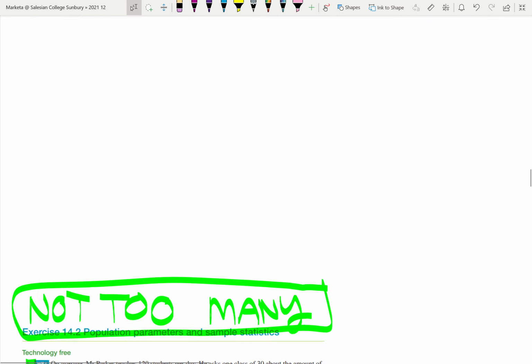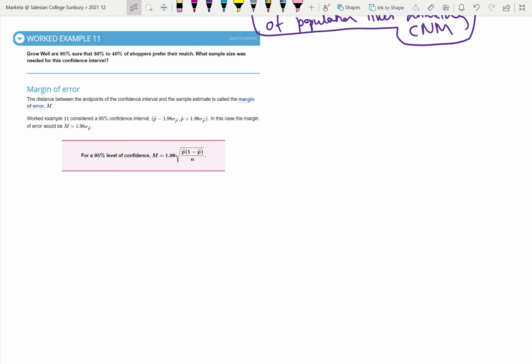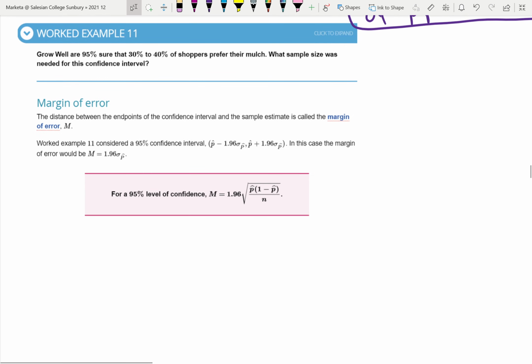So I think this is our last example here, and this is the margin of error. So let's see what we're gonna get. Growell are 95% sure that 30 to 40% of shoppers prefer their mulch. What sample size would be needed for this confidence interval?